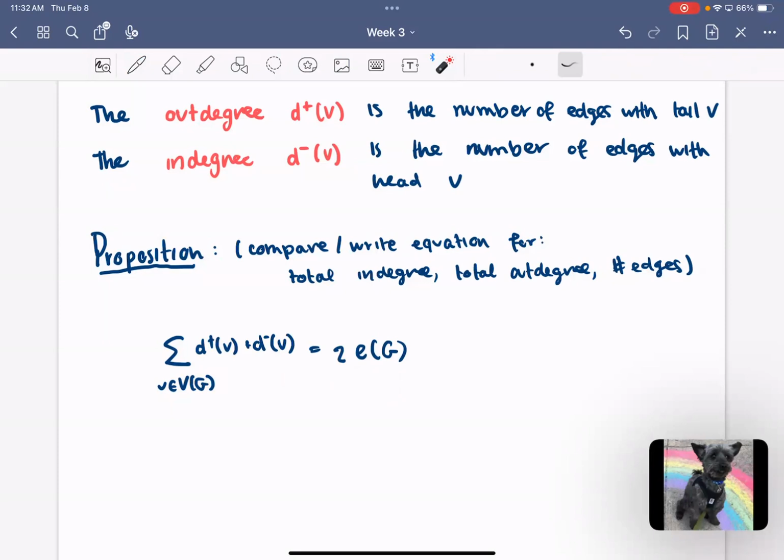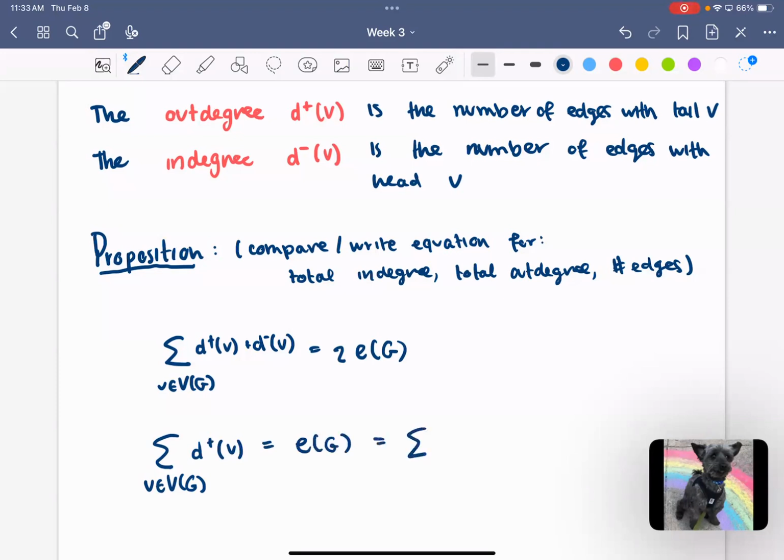Did anyone come up with a different statement? Yeah, total in degree equals total out degree equals the number of edges. Yeah, so this is another true statement. With this one, we're counting the number of edges on the left by counting the tails, and on the right by counting the heads.